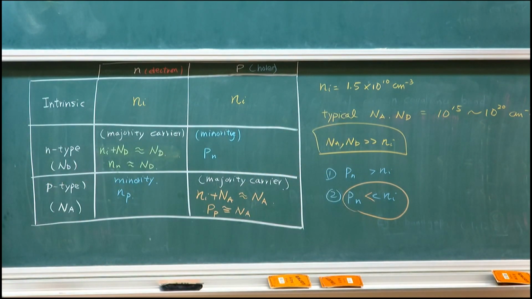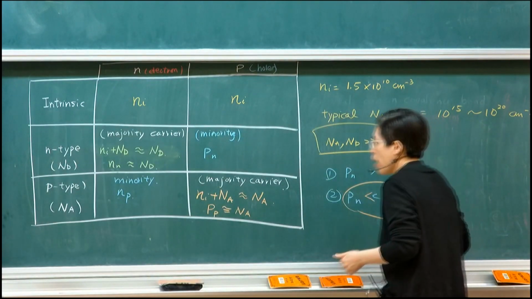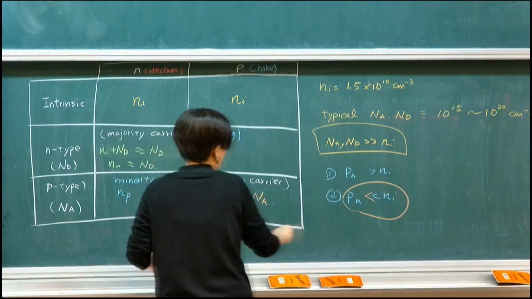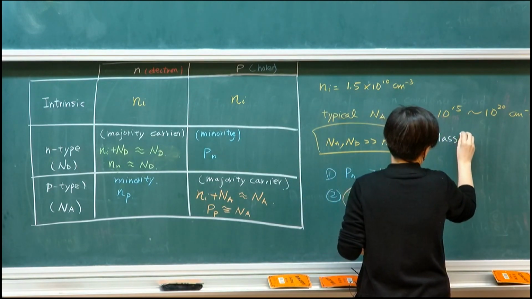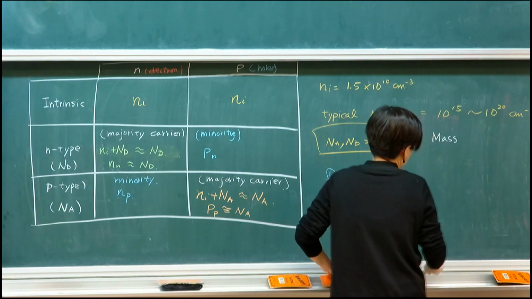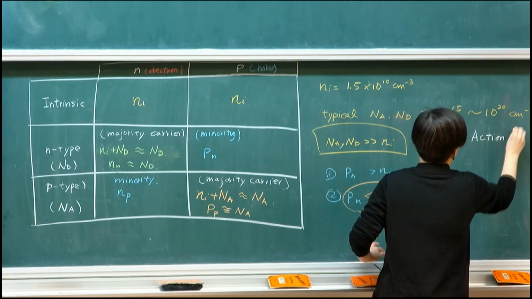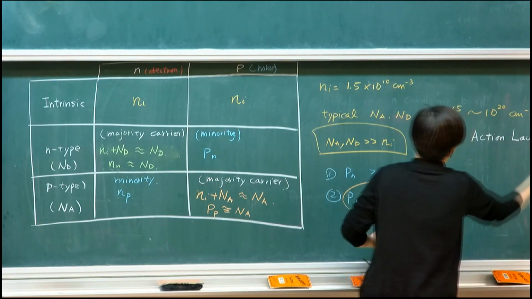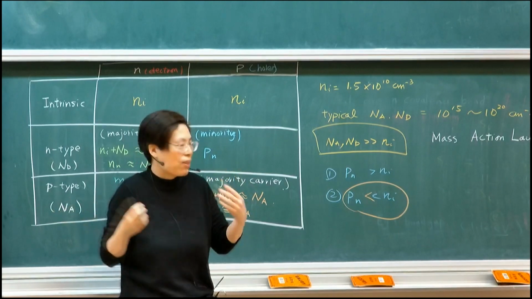So how does one determine this? This will be determined by something called, we won't have time to go through that, the mass action law. The reason why it's called the mass action law is because it's the result of mass action of carriers.